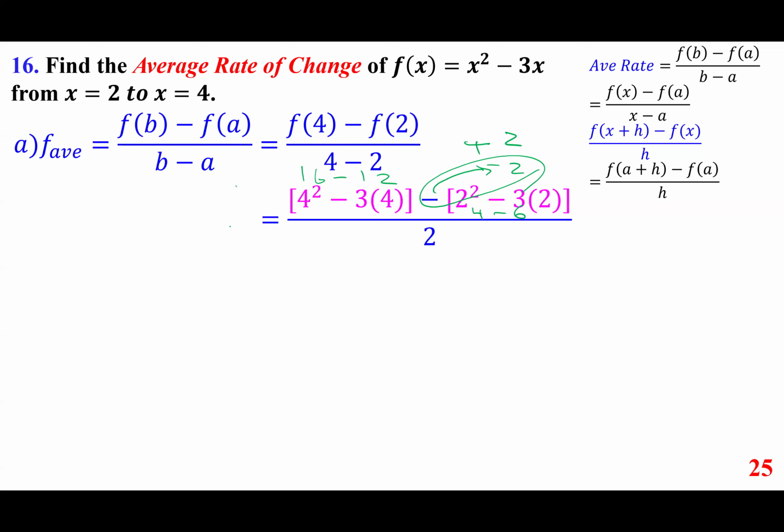So the numerator is 6. Six halves equals 3. So pretty straightforward, everybody.